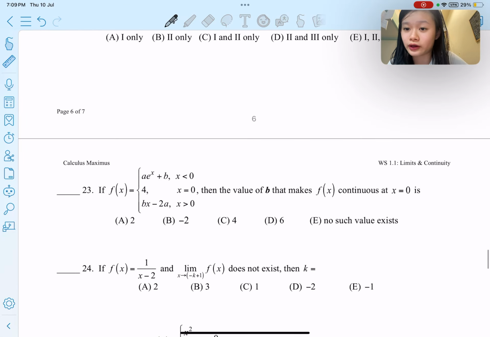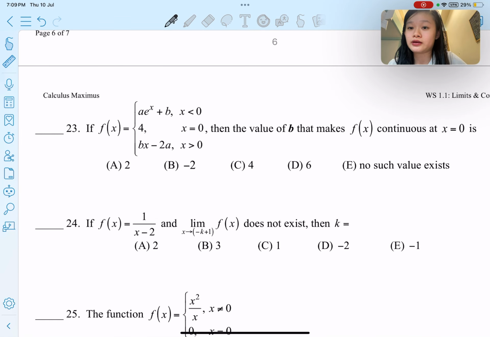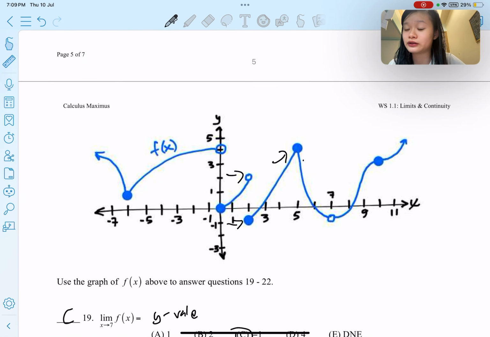So 23. This is quite the gist, but it's not that bad. You have values from the left and from the right of 0, and then you have the value at 0. Find a value of b that makes f of x continuous at x equals 0. If it's continuous, then the left and the right must be equal. In other words, the limit of f of x as x approaches 0 from the left must equal the limit from the right, and this has to equal f of 0, which is 4 in this case.